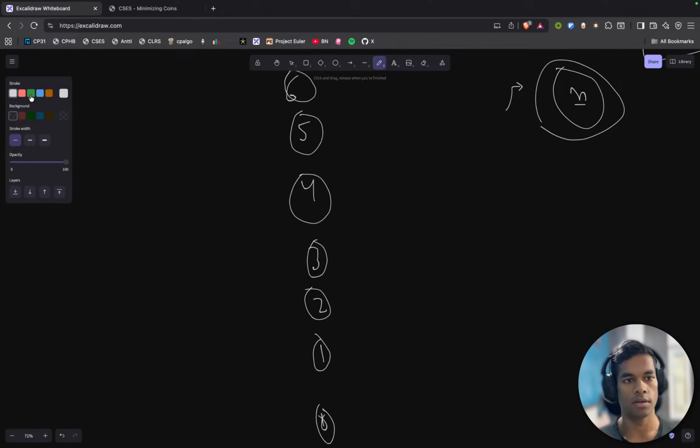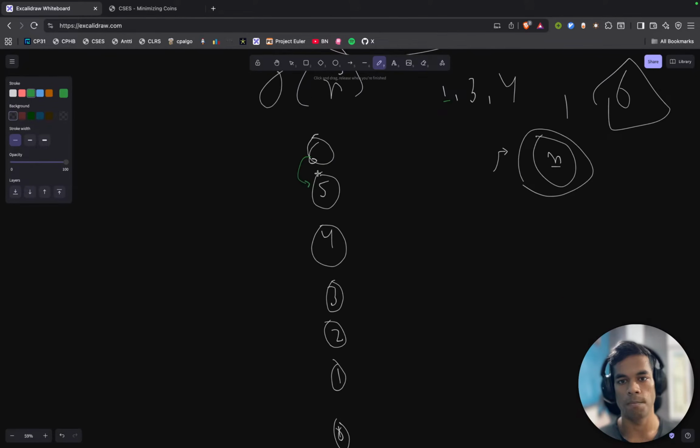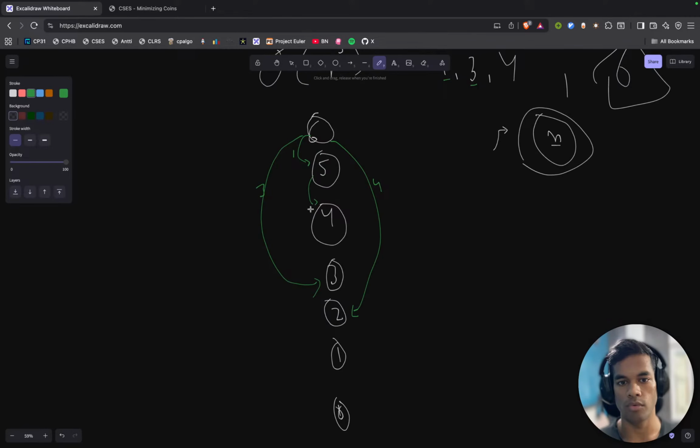And this depends on 5 when we chose 1, and it would depend on 3 when we chose 3, and when we chose 4, this would depend on the subproblem of 2. And 5 would depend on 4 when we chose 1, and you can say 1 for all of them.